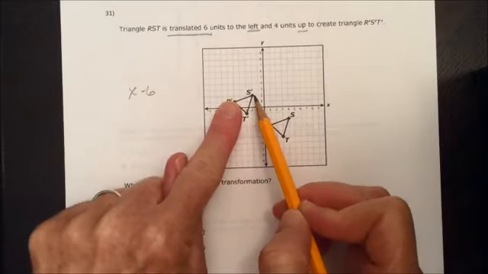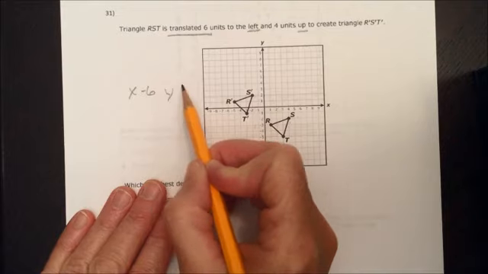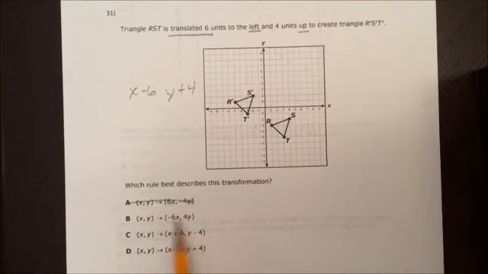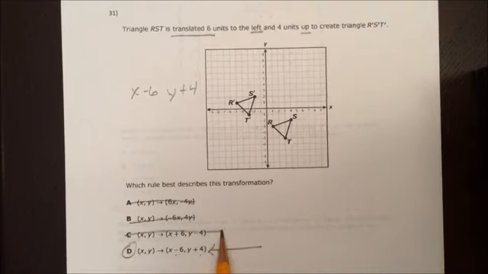So the numbers are getting bigger, so it's going to be y plus 4. Which one looks like that? We can take this one off. This is not it. This is another rule. This is another rule. Here we go. Now we're adding and subtracting. Which one looks like this? Negative 6 plus 4. Your answer is D.